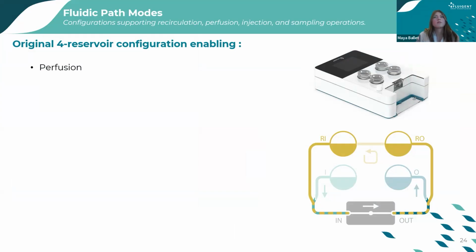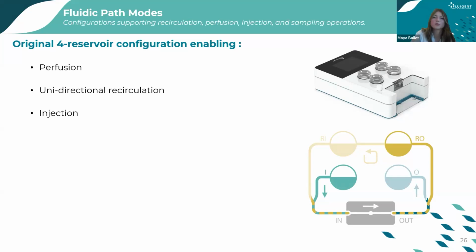Second, you have the most commonly used, which is the recirculation. Basically, it's the same as the perfusion, except there is a refill step between the 2 reservoirs so that you can run it for days or weeks. So you have a closed loop, you're reusing the medium, and you can also control the flow.